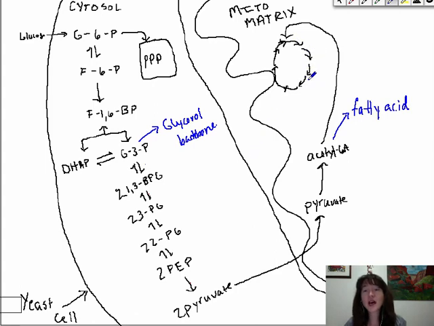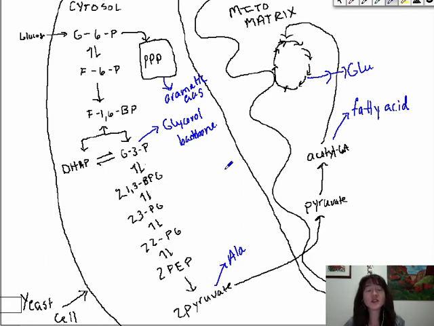We know too that alpha-ketoglutarate can be used to make glutamate. We recognize that pyruvate can get used to make alanine. A lot of intermediates of the PPP can get used to make aromatic amino acids like tyrosine. So a lot of different things can contribute to biosynthetic pathways.